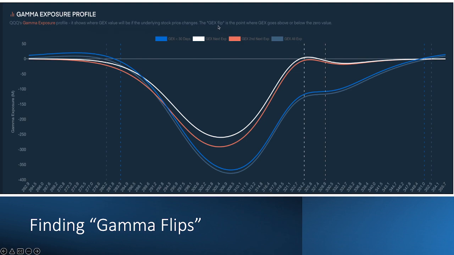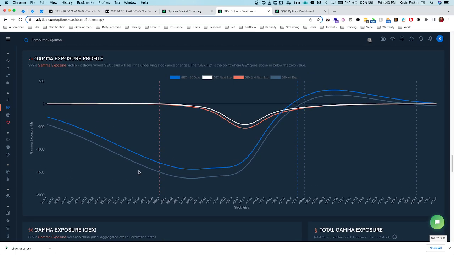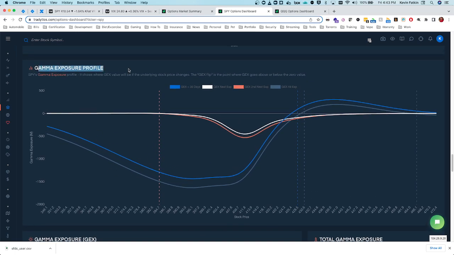The GEX flip is the point where gamma exposure goes above or below the zero value. This is the flip point where we go from being in a highly volatile environment to a more stable bullish environment. If you don't already know where you can find this, it's right above what I was just looking at. So this is the SPY gamma exposure profile.